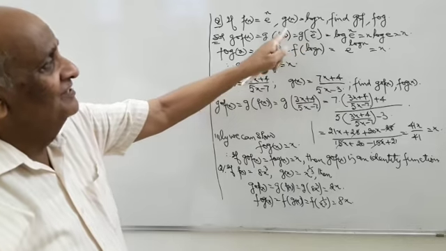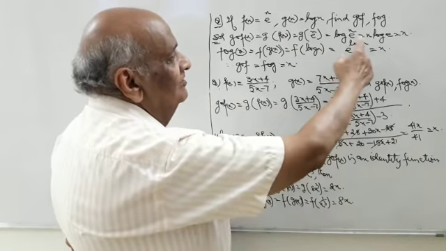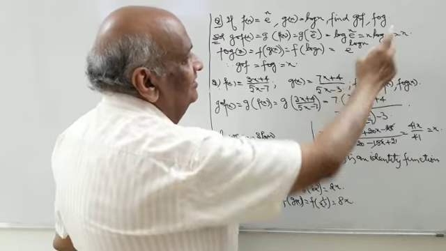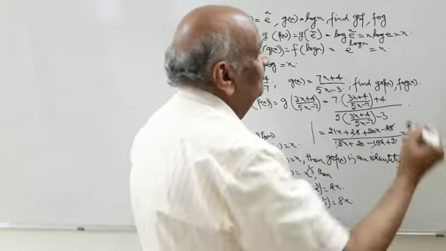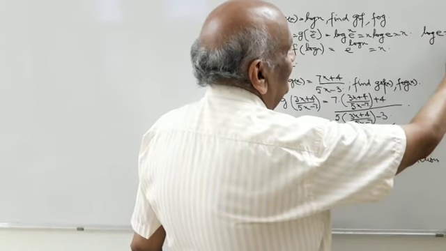This is g(x), log of e to the power x. Use the power formula of log, x log e. Log e is 1, therefore this is equal to just x.